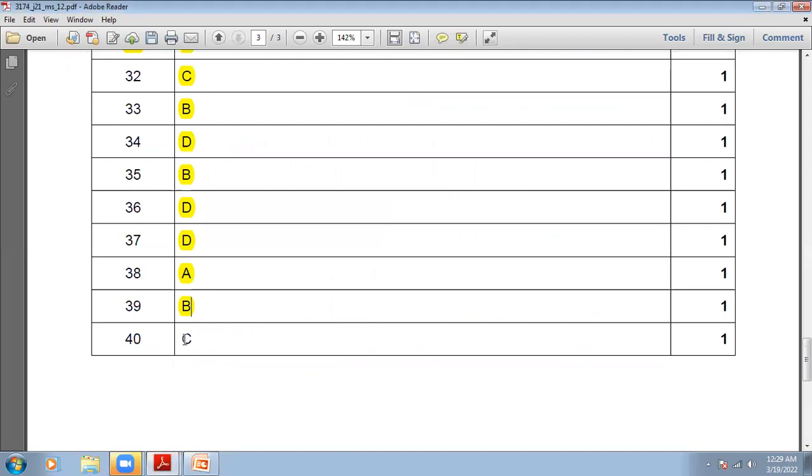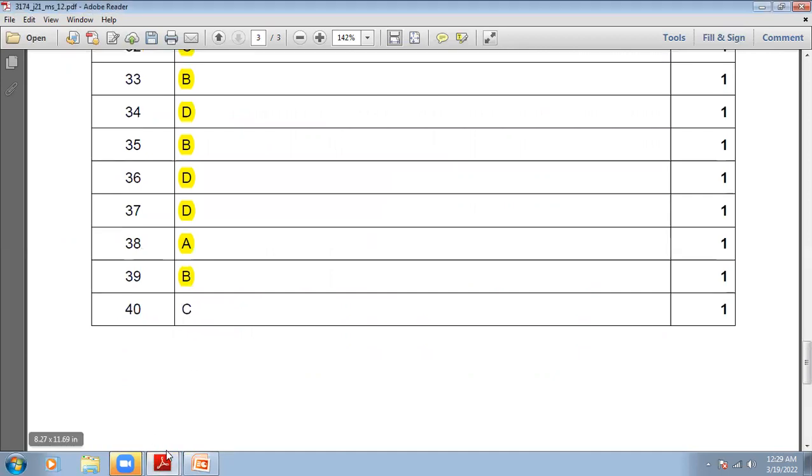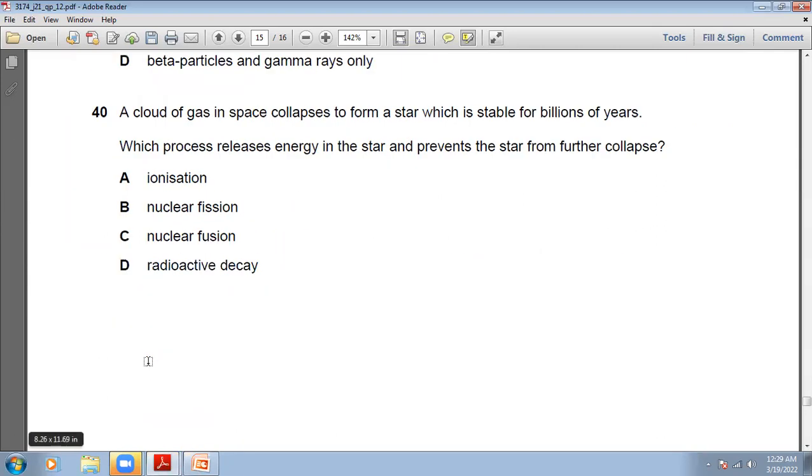Okay, so now we are moving to the next part, question number 40. It says a cloud of gas in space collapses to form a star, which is stable for billions of years. Which process releases energy in the star and prevents the star from further collapse?